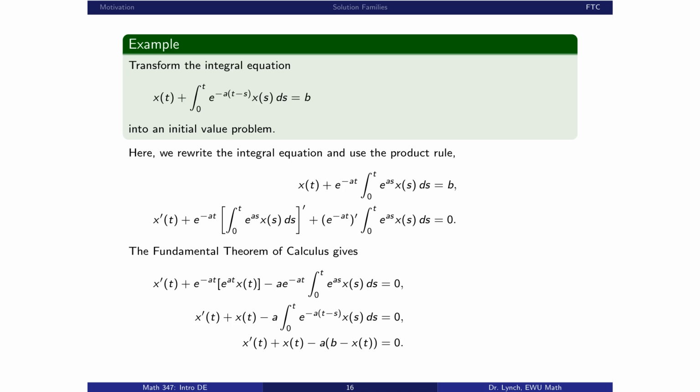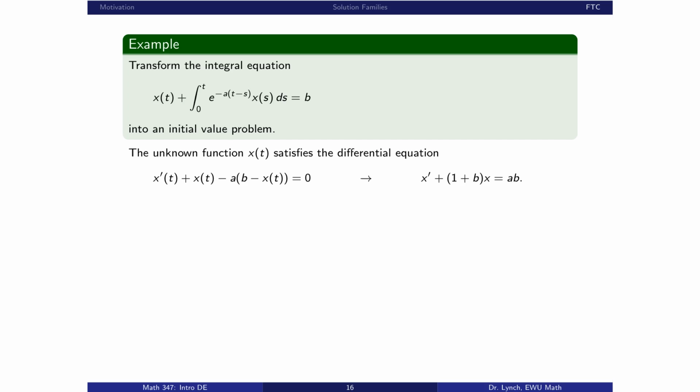So finally, we end up with a differential equation, an equation involving a derivative of an unknown function, which in this case is x of t. So again, we'll go ahead and just express that as a first order differential equation, x prime plus the quantity 1 plus b times x equals a times b.